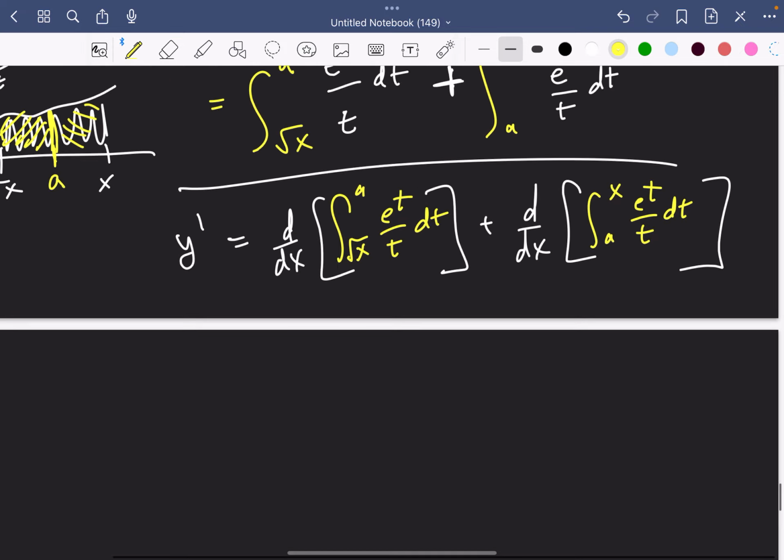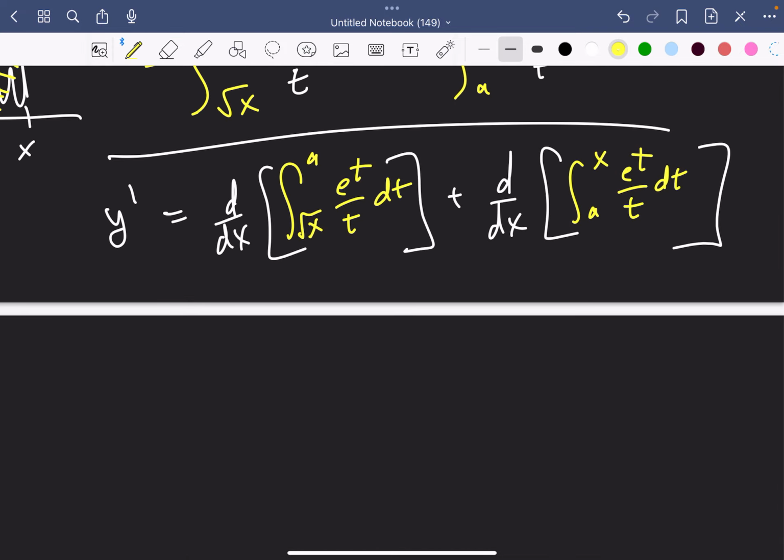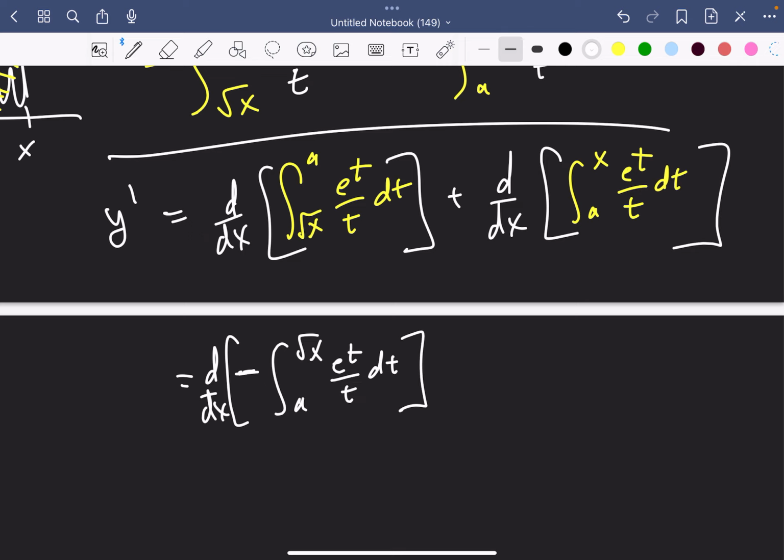And so how do you break those up? Let's see. So this one is weird because I don't like this bound of integration on the bottom. I wish it was a constant. So I'm going to flip it, and that's actually going to be the derivative of negative the integral from a to root x of e to the t over t dt. I'm going to flip those bounds of integration on the first one, and this one I'm going to leave alone.